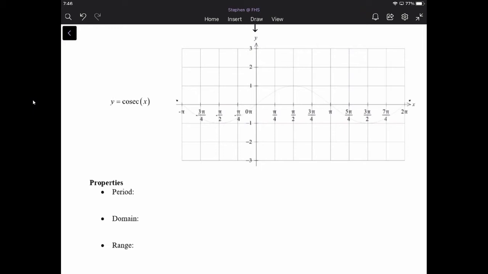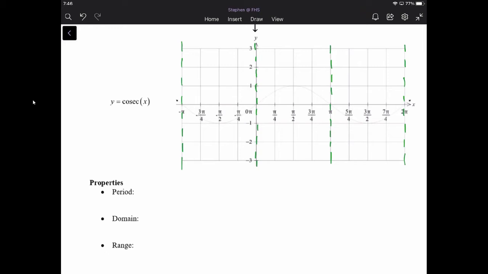The asymptotes of this graph are going to be at where the x-intercepts of sine are. So you can see that the graph of y equals sine x has an x-intercept at x equals 0, at x equals pi, at x equals 2 pi, and finally at x equals negative pi as well. There we go. So there's our asymptotes.